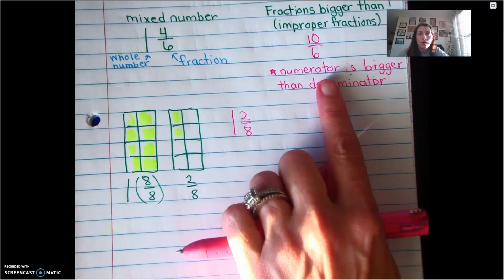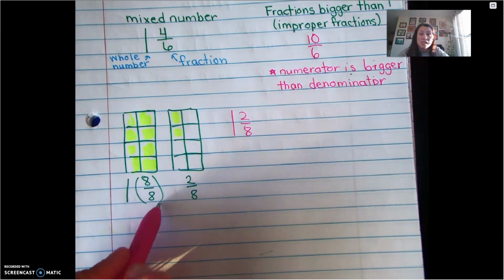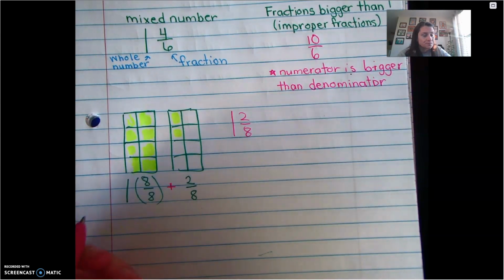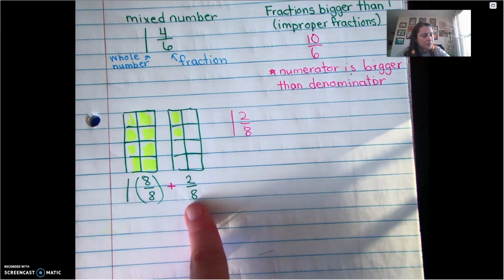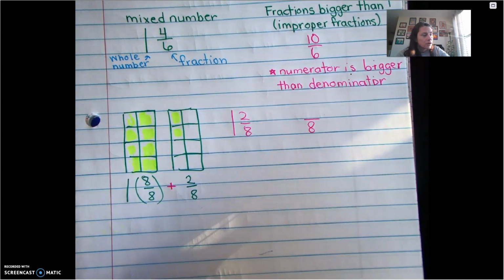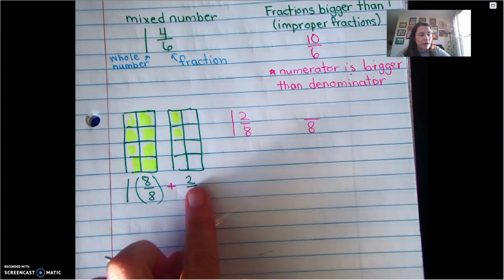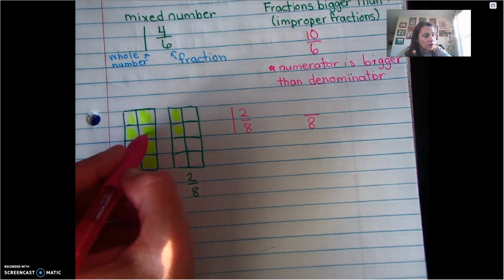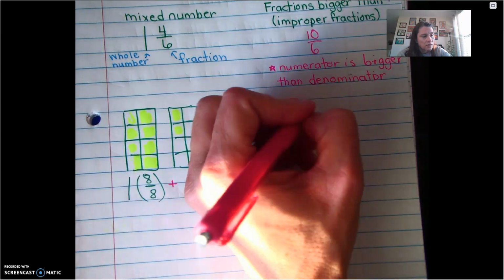Now let's do it for fractions bigger than 1. That's when we need this. So what we think in our head is that we add those two. When you add them, you know that the denominator stays the same, and we add our numerators. So 8 plus 2, or you can count your parts: 1, 2, 3, 4, 5, 6, 7, 8, 9, 10.